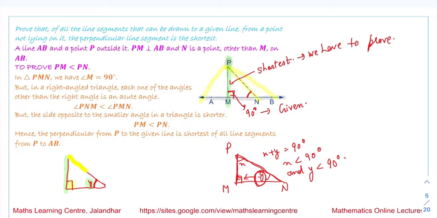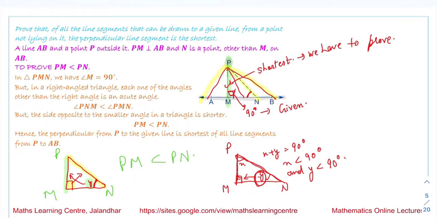Corresponding to this angle this side is there, corresponding to this angle this side is there. So we get that PM is less than PN. So if we draw any line over here, PN, or some other line at this point, at this point, we see that this angle is 90 degrees and this side is always smaller than all other sides. So we get that the perpendicular line segment is the shortest line we have.